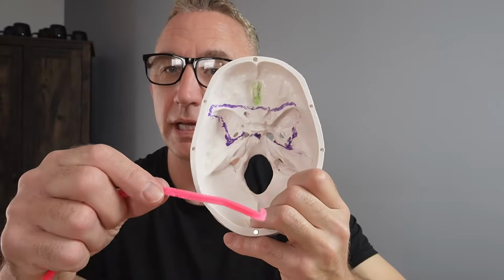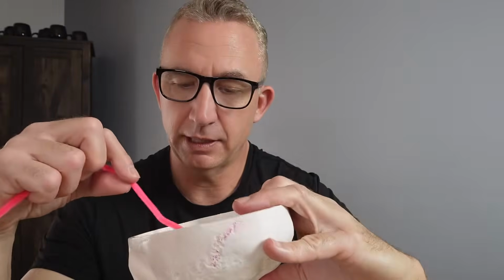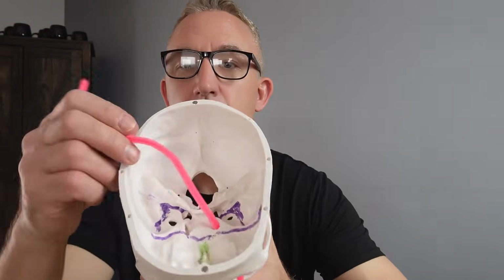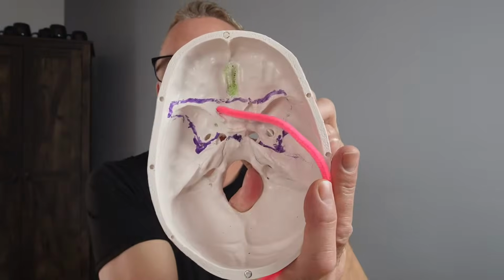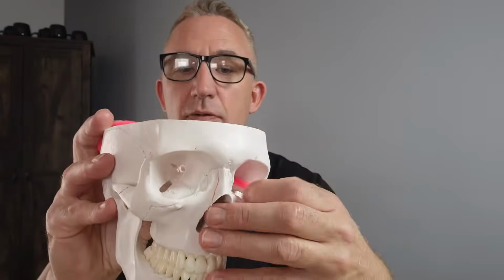What's going through the lesser wings is the optic canal. As I put my pipe cleaner through the holes of the lesser wing, that lesser wing has that hole for one specific reason.